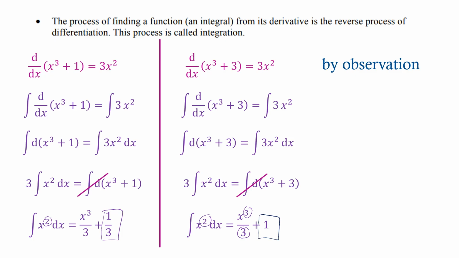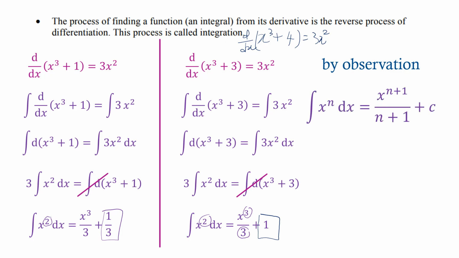If you don't quite get it, for example, if I differentiate x cubed plus 4, you get 3x squared. But there's a constant 4 there. It's just that when you differentiate a constant, you get 0. So when you reverse the process, there's a possibility of a constant there. Therefore, you need to add a plus c.